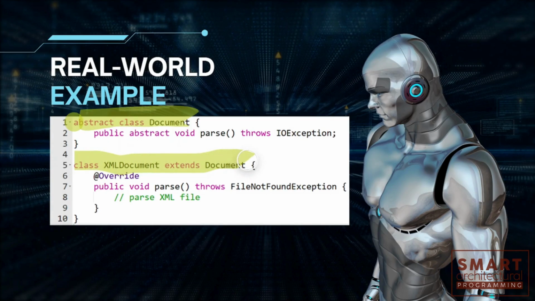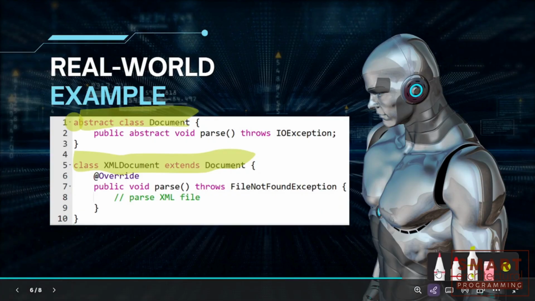A quick note though, an abstract class is basically just a blueprint. It's not a class itself, so it cannot be used directly. It's usually a blueprint to extend classes, or create subclasses. As you can see, the XMLDocument class narrows the exception type in the overridden method. The other one just provided us an exception here. So we have an abstract method here.